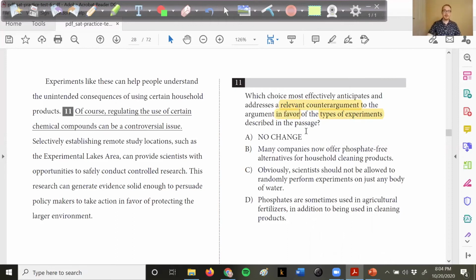So we're looking for a choice. That sentence kind of went all over the place, but we're looking for something that will look ahead at an objection someone might have to what this passage is saying, and try to nip those counter arguments in the bud, or at least address them. You've all probably been in conversations like this, right?